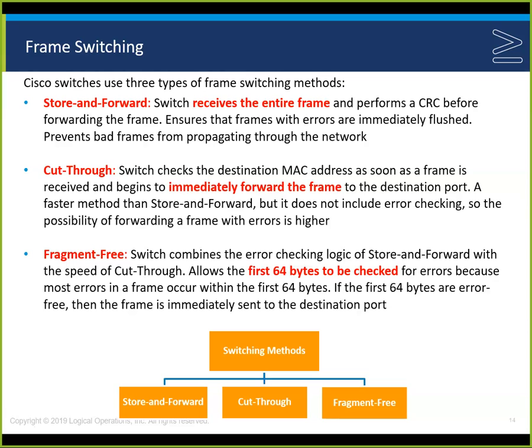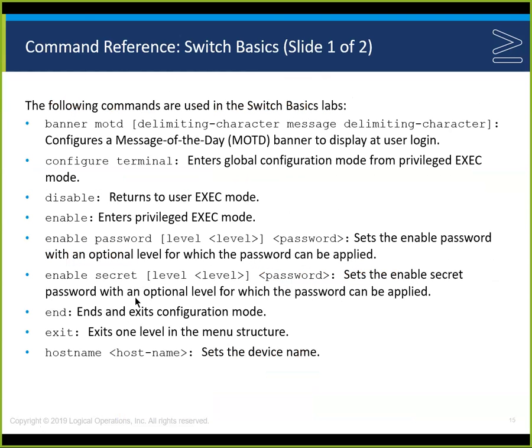After the first 64 bytes are received and checked, and if it's error free, it's going to go ahead and forward it to the destination MAC address. So three types: store and forward, cut-through, fragment-free. Store and forward, slowest; cut-through, fastest; fragment-free, kind of a compromise between the speed and the reliability.